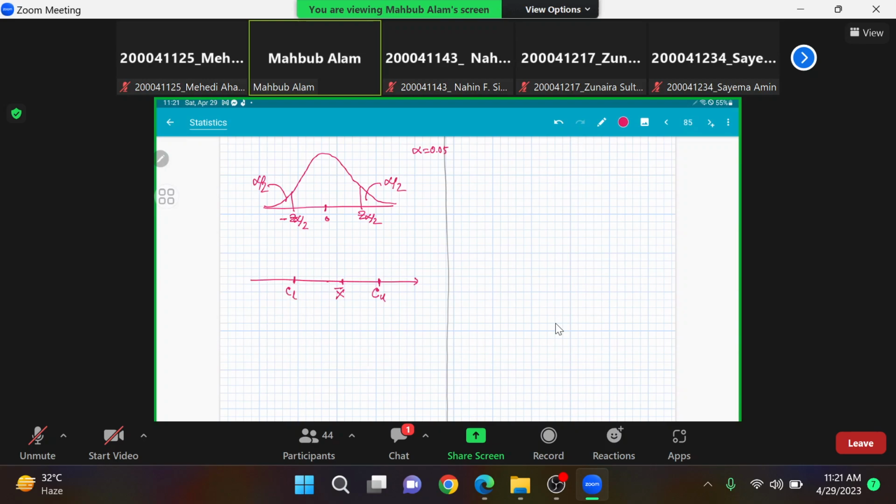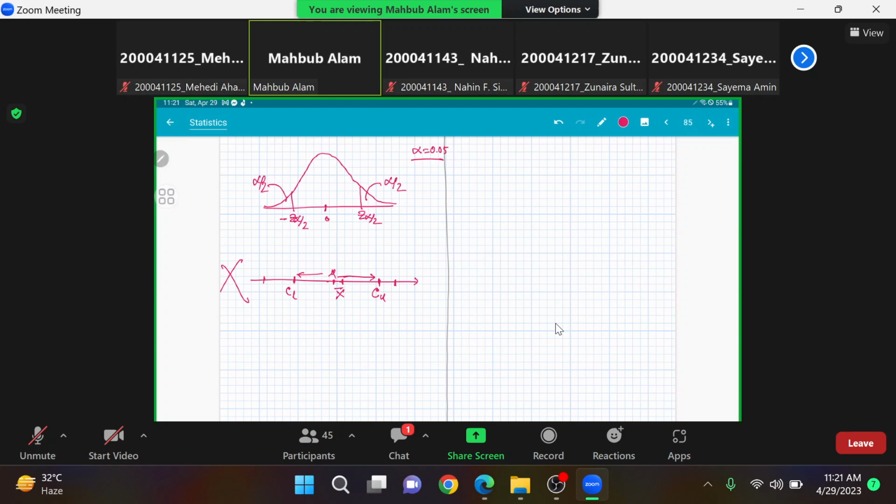On the other hand, if X bar is here or here, we reject the null hypothesis. In that case, we need to define the critical points, but we will not use this one. Rather, we will go for the test with a given significance level, or we will directly calculate the p-value.